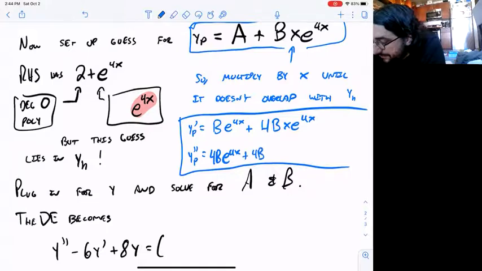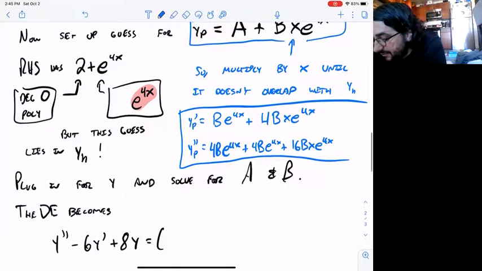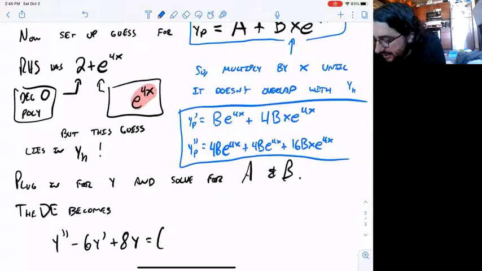I'll get 4B e to the 4x plus 16B x e to the 4x by product rule. And so now I have my derivatives. Note I could even combine terms a little bit there. This 4B and 4B is 8B, right?